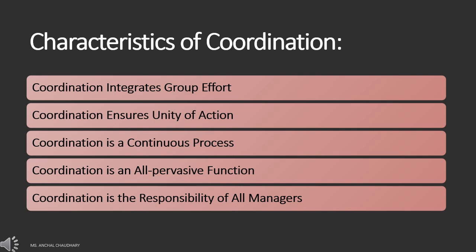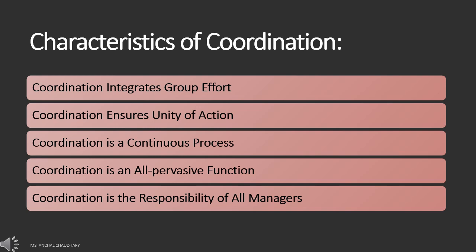Next, coordination ensures unity of action. It means that during the coordinating process, an effort is made to create unity among the various activities of an organization so that there will be no delay in completion of the task. Next, coordination is a continuous process.